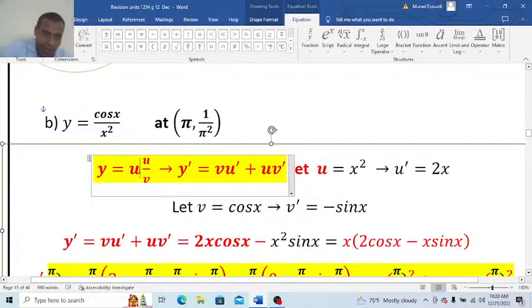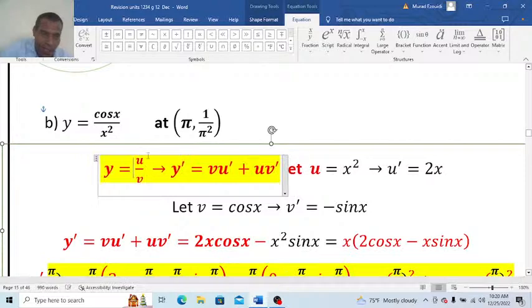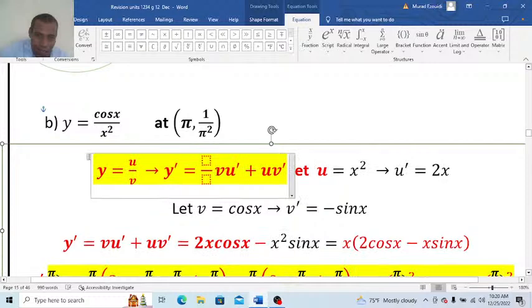So my equation y seems really to be a quotient. Now we are going to apply the quotient rule. I need a fraction, so I will copy it and make it here.